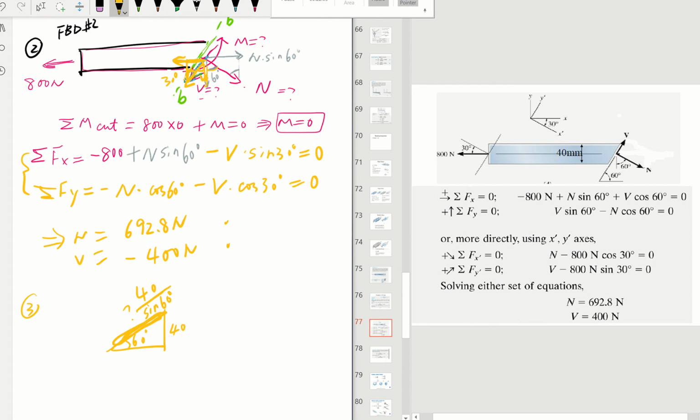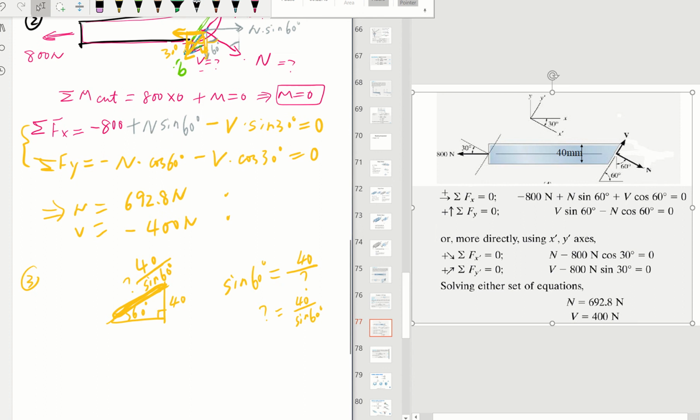So let me write down the steps. For the hypotenuse, we know sine 60 of a right triangle is equal to the opposite, 40, over the hypotenuse h. So h will be equal to 40 over sine 60. So that's the slanted surface length here. And be aware this is all three-dimensional, the depth is 40 millimeters.